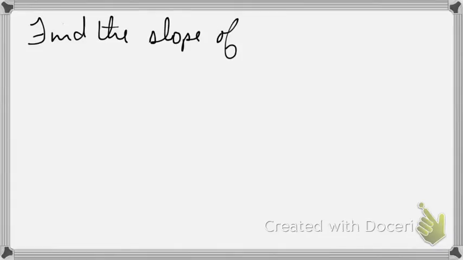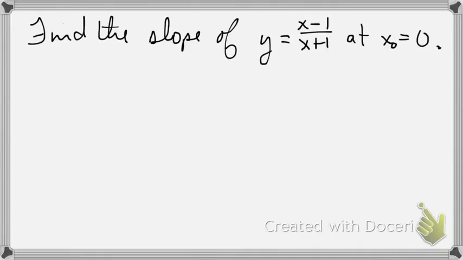So let's say that we're asked to find the slope of y equals x minus 1 over x plus 1 at the x value of 0. All right? So according to the definition, the slope, m, is the limit as h approaches 0 of the difference quotient, right?